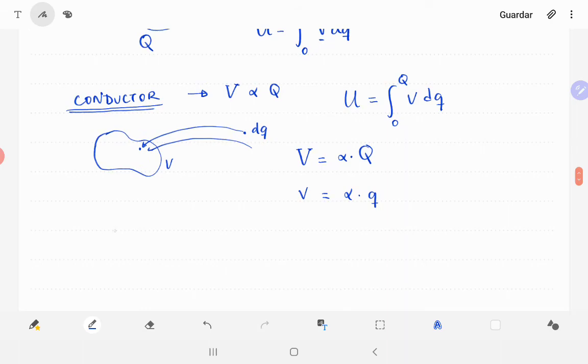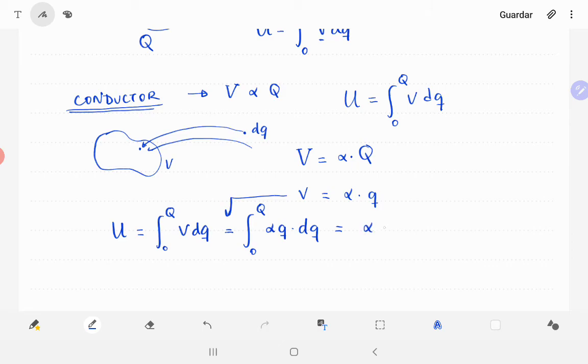Okay? So when I want to do this integral from 0 to big Q of V dq, I just have to remember this. This is the integral from 0 to big Q of alpha q dq, okay? And this integral is a very easy one.